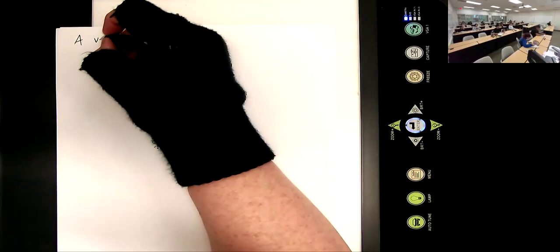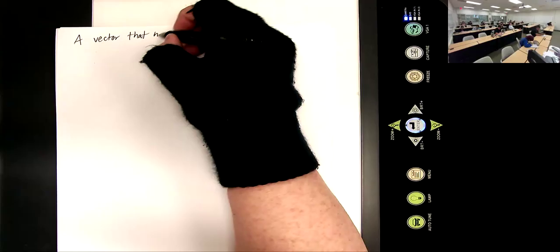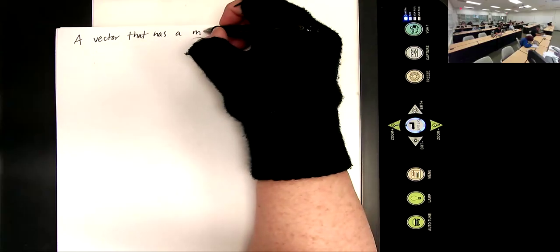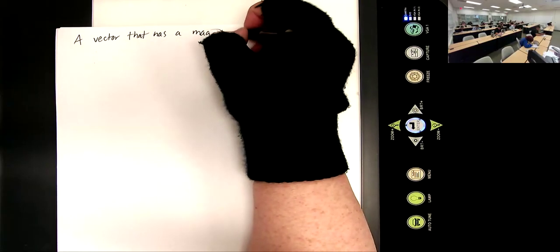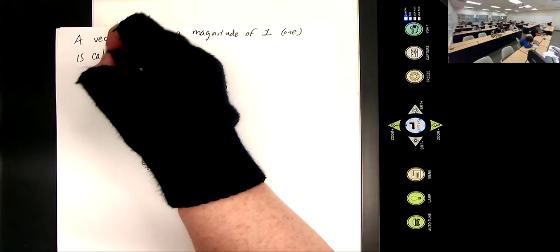So a vector that has a magnitude of 1 is called a unit vector.